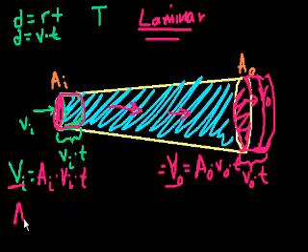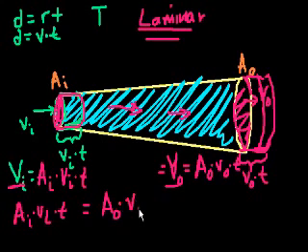So we know that the area of the opening on the left-hand side of the pipe times the input velocity times the duration of time we're talking about is equal to the output area times the output velocity times the duration of time.